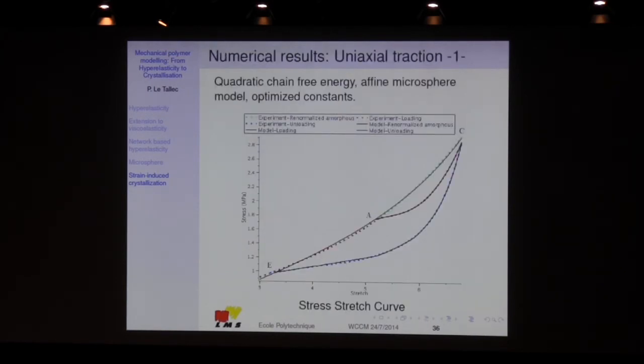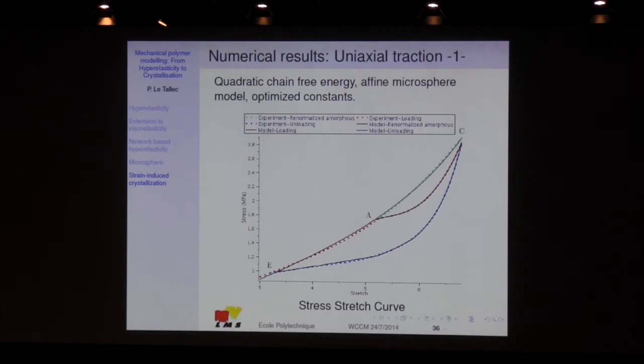Result. We have used a quadratic chain free energy, so it's very simple physics, local, affine microsphere. We have optimized a constant so that the position of this point would be satisfied.